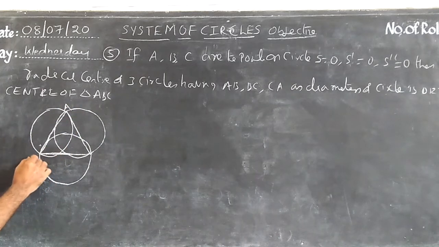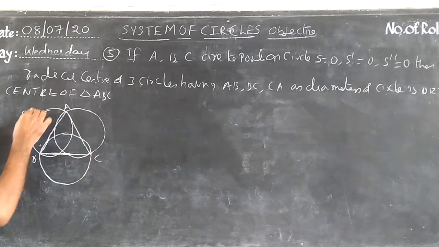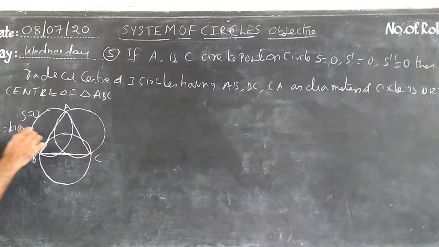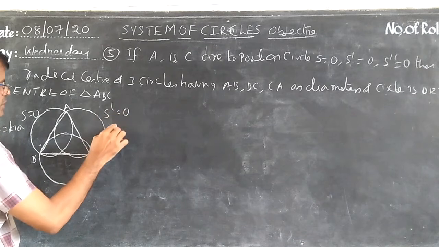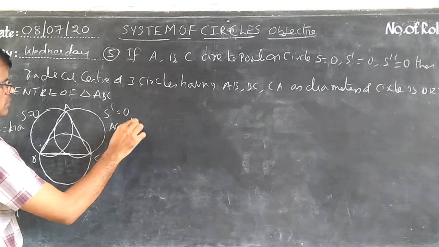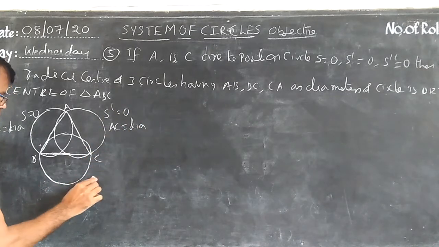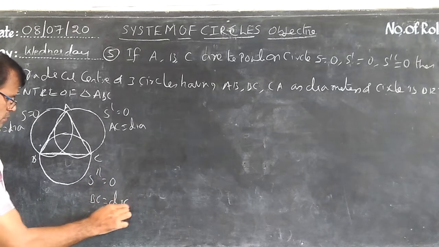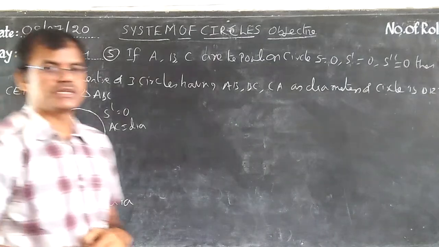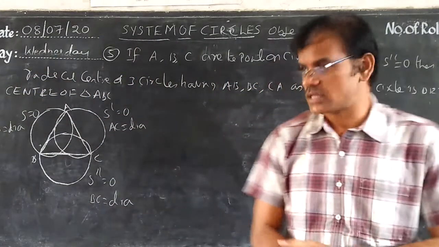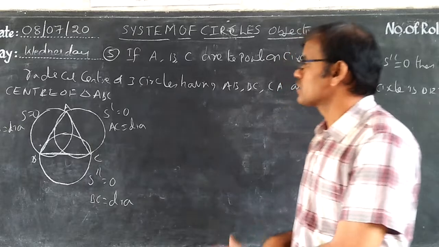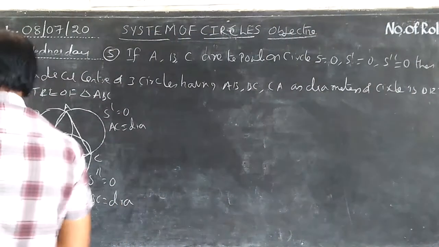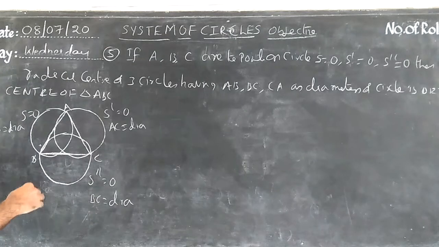This is A, this is B, this is C. AB is the diameter of S equal to 0, AC is the diameter of S dash equal to 0, and BC is the diameter of S double dash equal to 0. AB, BC, CA are the diameters of the three circles. So the orthocenter is the radical center of the three circles. This is an important concept in the objective bit.